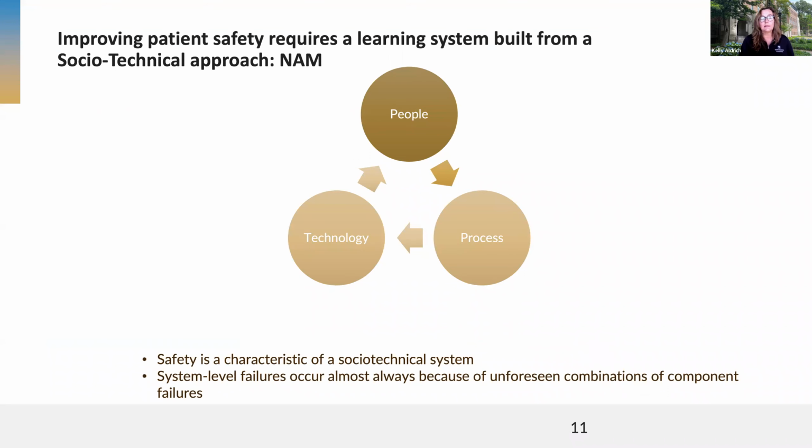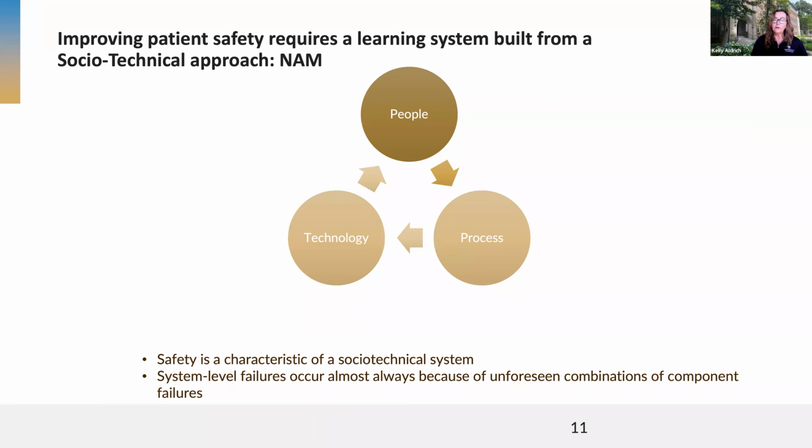Now let's look back at the National Academy of Medicine Socio-Technical approach as they're talking about improving patient safety, which requires a learning system built from a socio-technical approach. People, process, and technology. We have to examine this, and this is key to incorporating into any informatics curriculum. You cannot focus on technology without looking at the impact of the people as well as the process.